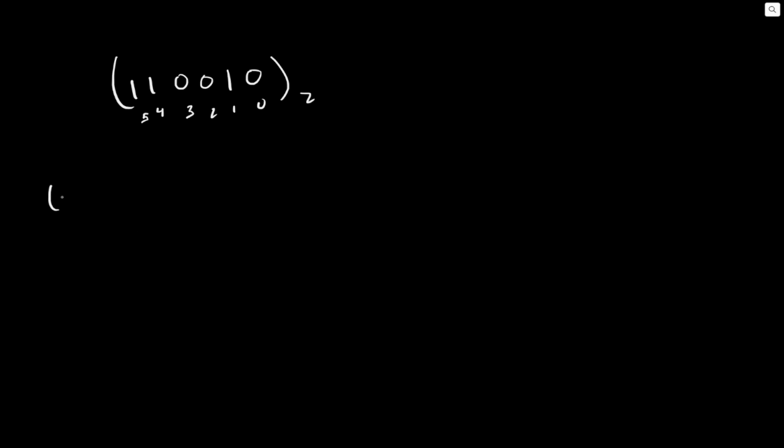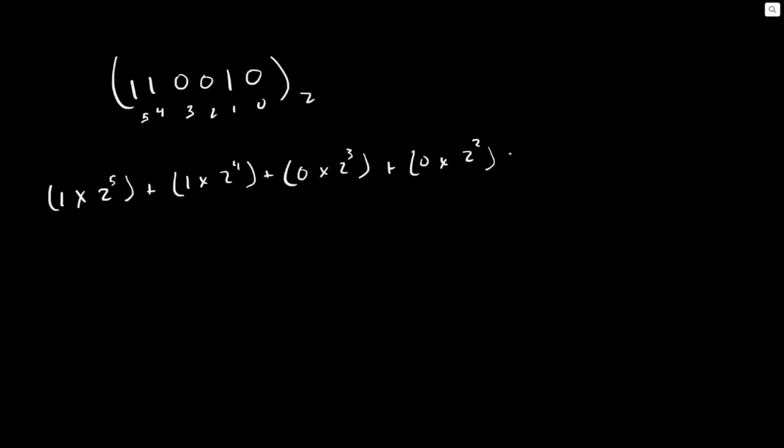All right, this might get a little crowded, but here we go. So we have 1 times 2 to the 5th, plus 1 times 2 to the 4th, plus 0 times 2 cubed, plus 0 times 2 squared, plus 1 times 2 to the 1, plus 0 times 2 to the 0.